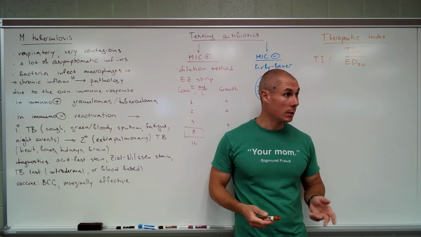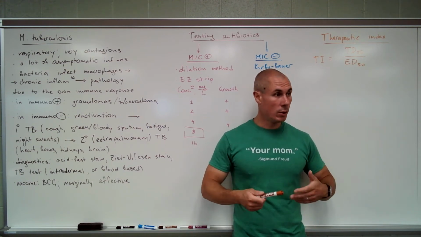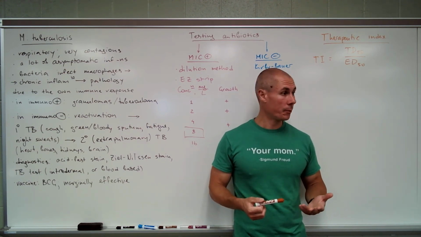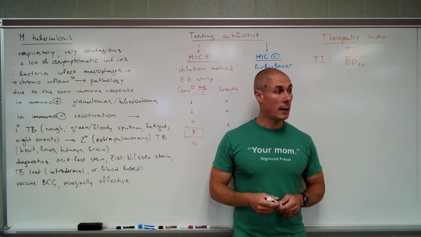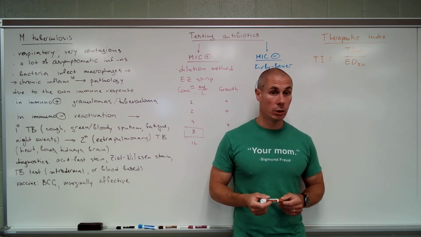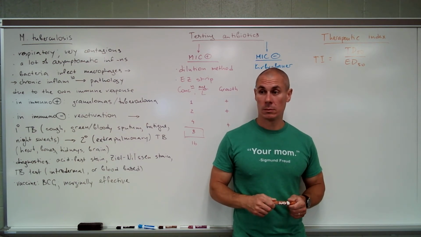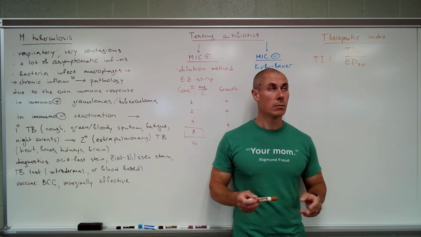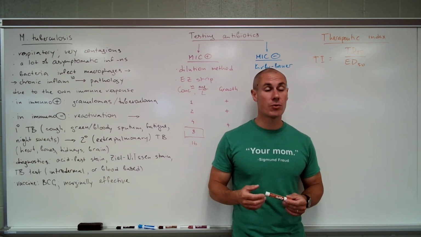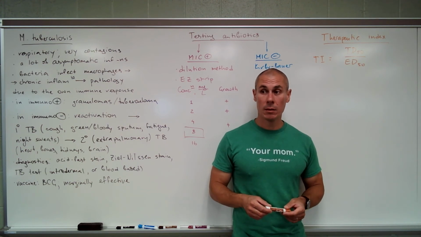Simple question, really simple question. When you have a drug, do you want a therapeutic index for this drug to be high or low? Do you want a therapeutic index in ideal world for a drug to be high or low?